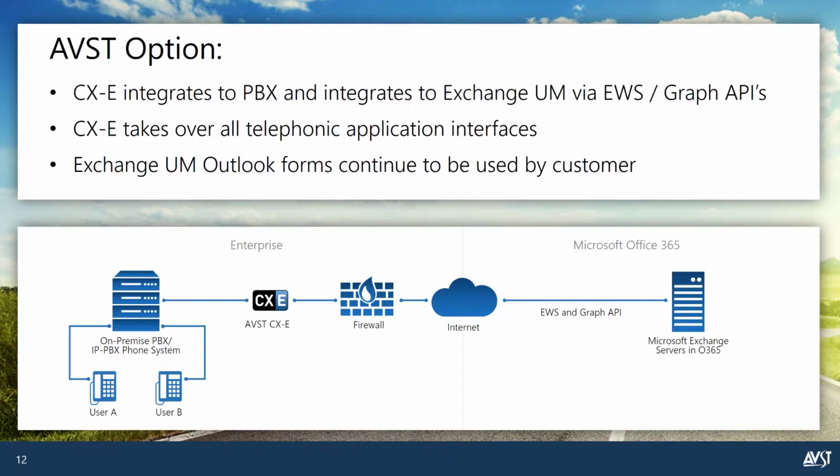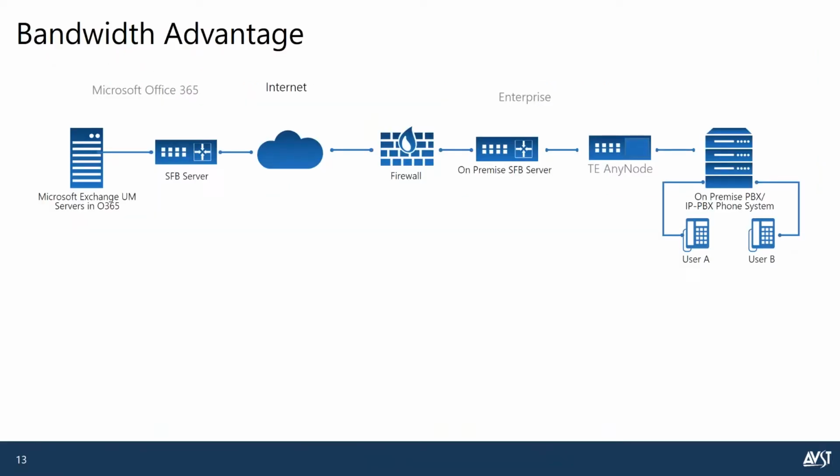And that's done using Microsoft APIs, EWS and the Graph API, which we're just starting to move some things over to. So now that a message is in there, from a user's point of view, they have exactly what they had before. They have all their messages in their inbox, voicemail, email, and possibly fax, depending on what they're doing.